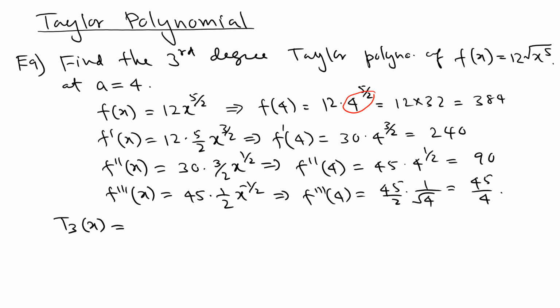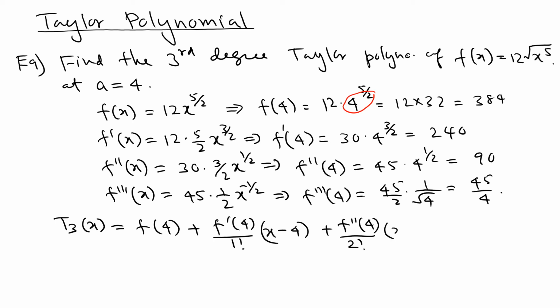If you plug in, you're going to get f(4) evaluated at a, and then f prime at 4 over factorial 1, times x minus 4 because a equals 4, plus the second derivative over factorial 2, x minus 4 squared, and the last one is the third derivative evaluated at 4 over factorial 3, x minus 4 to the cube, because we are looking for third degree. I mean, we're going to stop at 3.